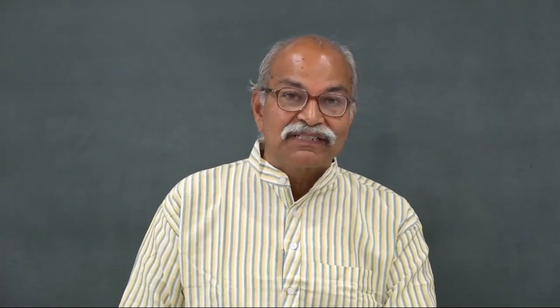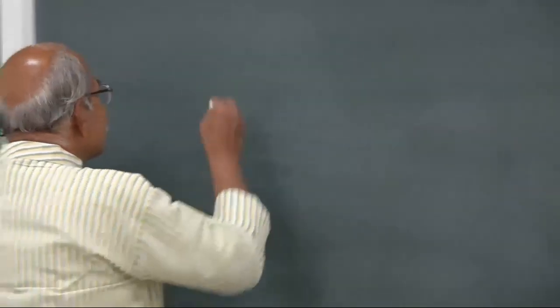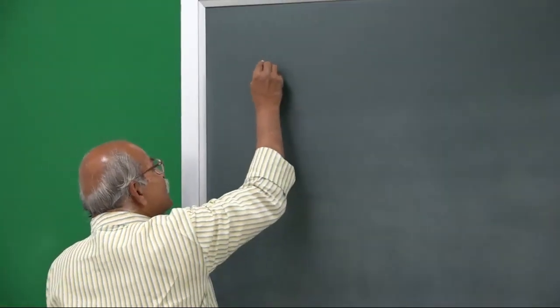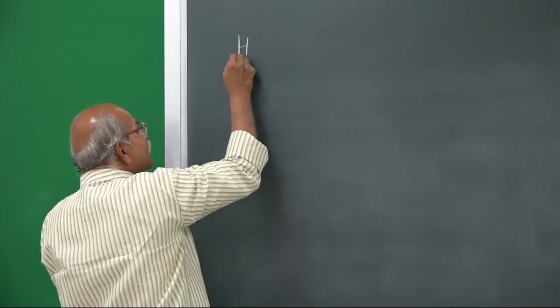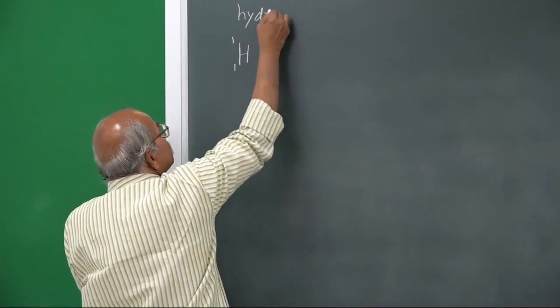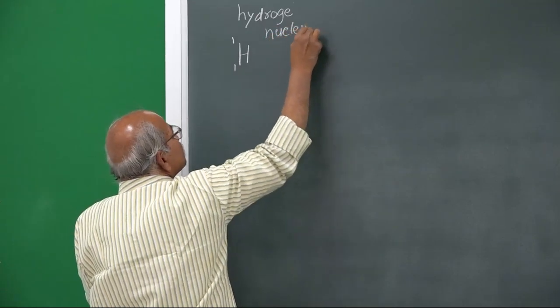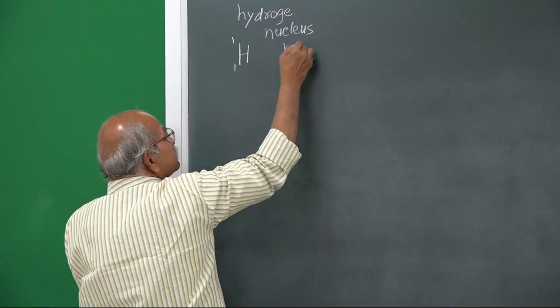I gave several examples from nuclear physics and atomic physics. We said that if you have 1 proton and 1 neutron, and then make a nucleus out of it, it is called the heavy hydrogen nucleus. Hydrogen is just a proton, and the heavy hydrogen nucleus we write like this. This is the hydrogen nucleus, which is nothing but just a proton.